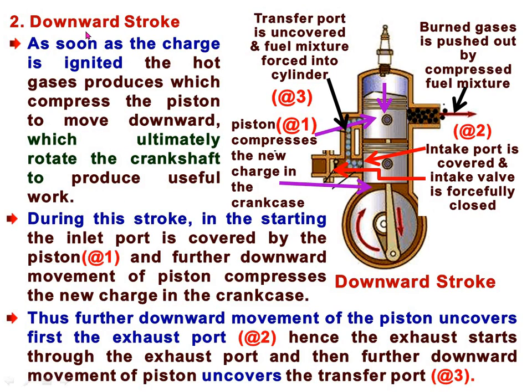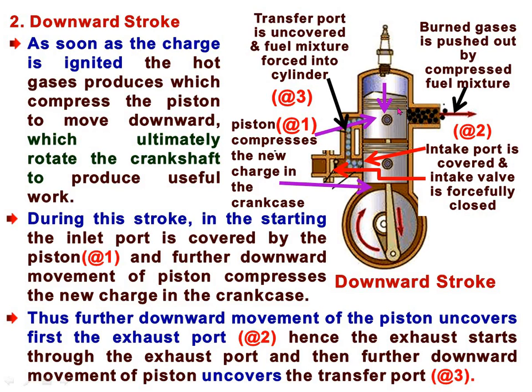Now our downward stroke. We will see the figure first. In the downward stroke, the piston moves from top dead center to bottom dead center. At that time, first the exhaust port will be uncovered.